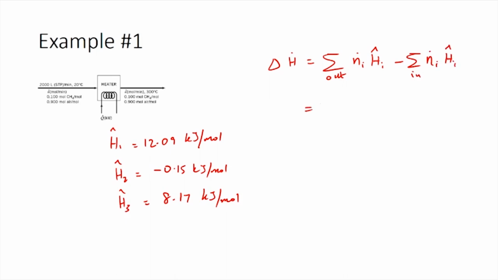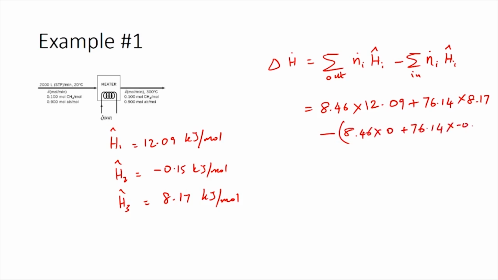So, the outlet is 8.46 moles of methane leaving with an enthalpy change of 12.09 plus 76.14 moles of air times 8.17, minus 8.46 times 0 minus 70 plus 76.14 times minus 0.15. So, the term within the brackets is the outlet enthalpy and the second component is the inlet enthalpy.